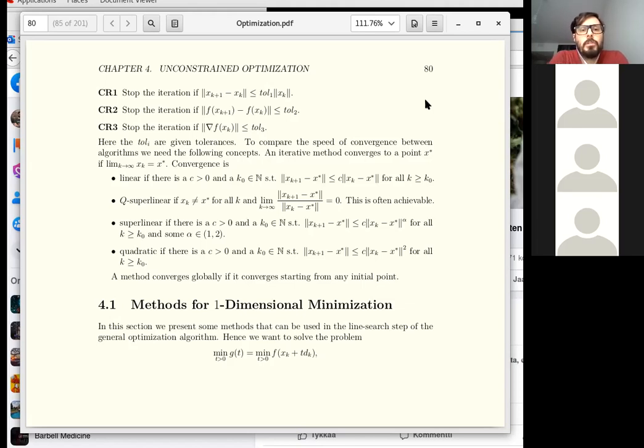And we say that the convergence is linear if you have some coefficient C such that the next point in the iteration is closer to the optimum by a factor of C, which is greater than 0, and, well, it should be less than 1, shouldn't it? Xk plus 1, so the distance is smaller than C times the distance before.